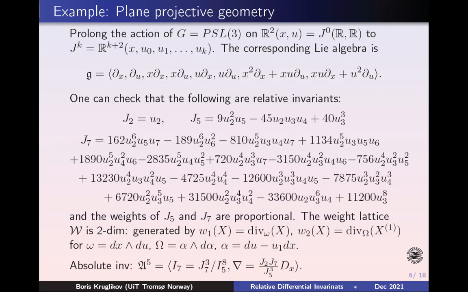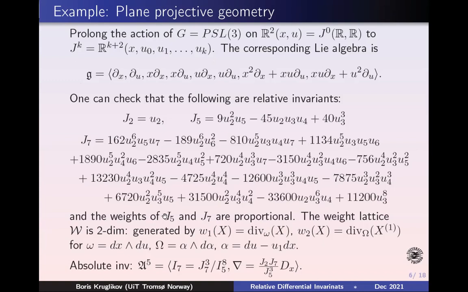Okay, however, the weight, so these are all relative invariants, they have weights, right? Which means these weights W are elements from G star, dual to this Lie algebra, which we see here, tensor polynomial functions on the space of jets. They will not depend on J0 in this case.